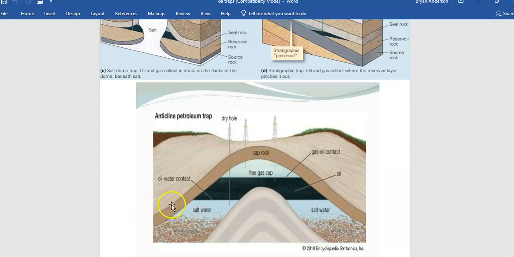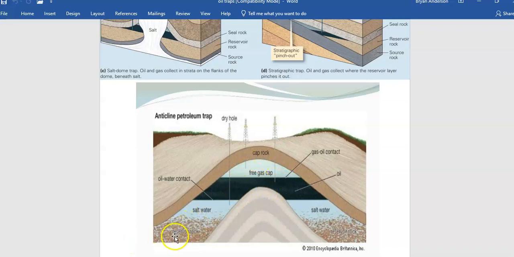But here this cap rock is impermeable to oil. The oil and gas can't break through it because it's a solid seal on that particular field of oil and gas. And furthermore, because plate movement has made a high spot in the cap, the oil and gas accumulates right here in this spot.